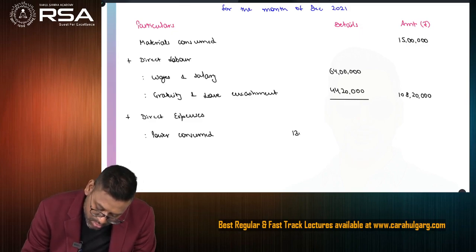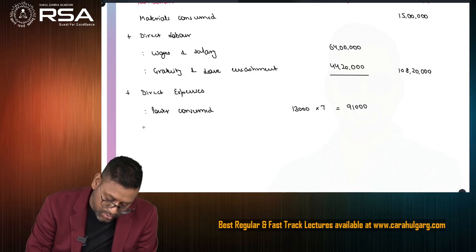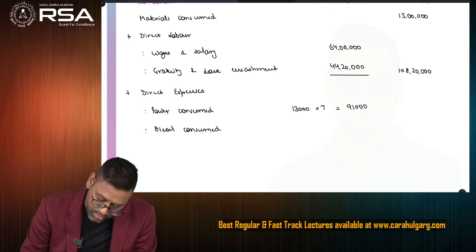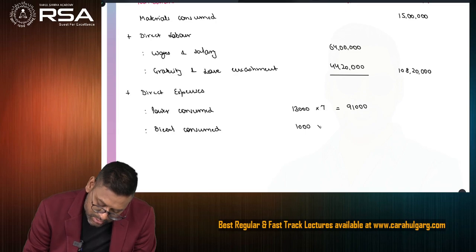Amount being 13,000 kilowatt hour at the rate of 7, it was 91,000. Then there was consumption of diesel as well. Diesel consumed 1000 liters at the rate of 93 per liter.